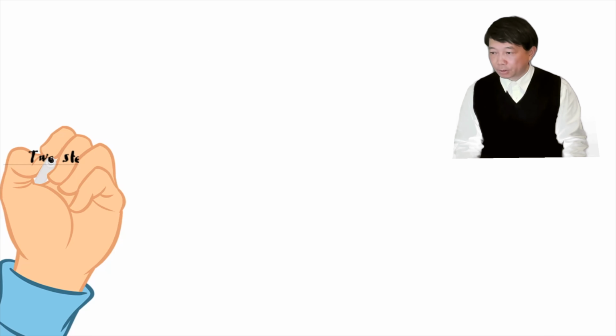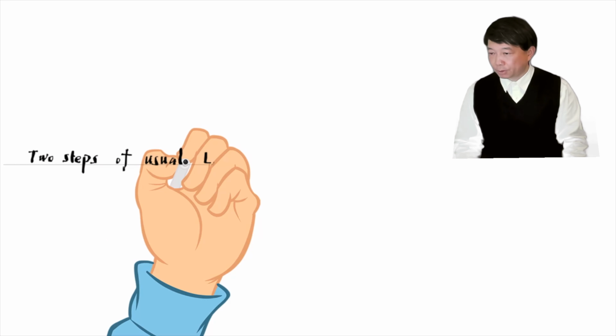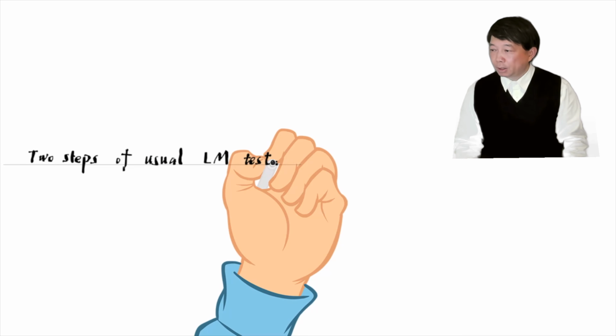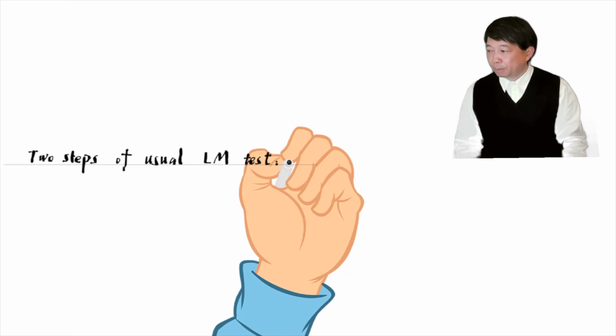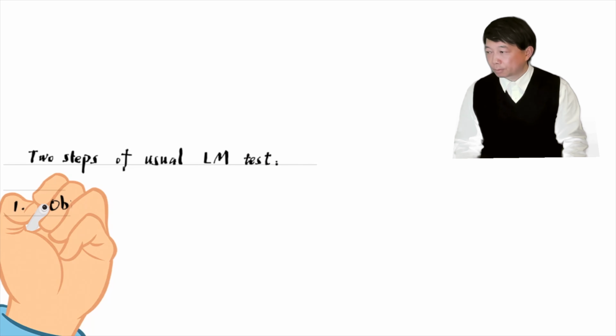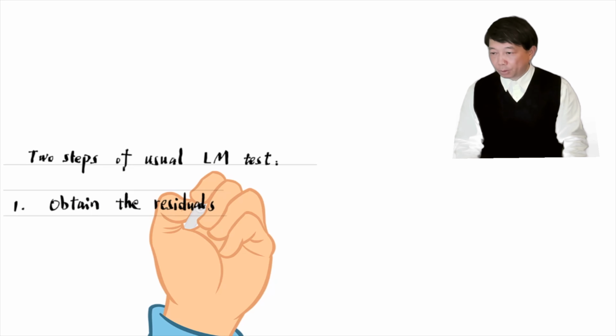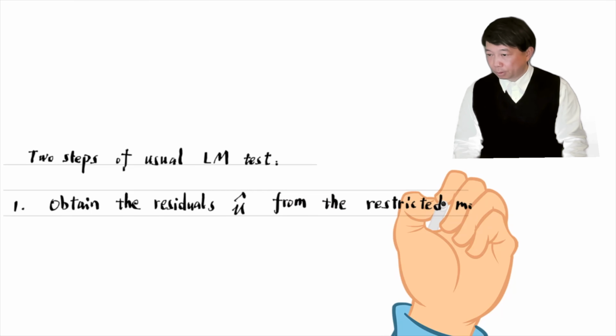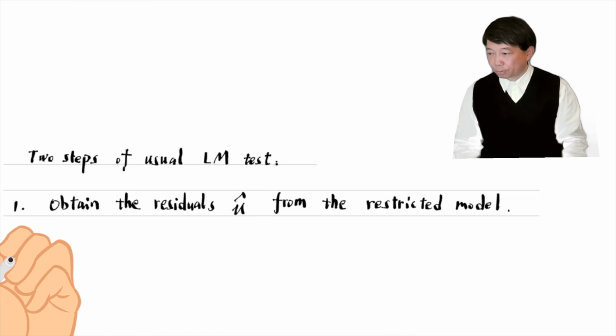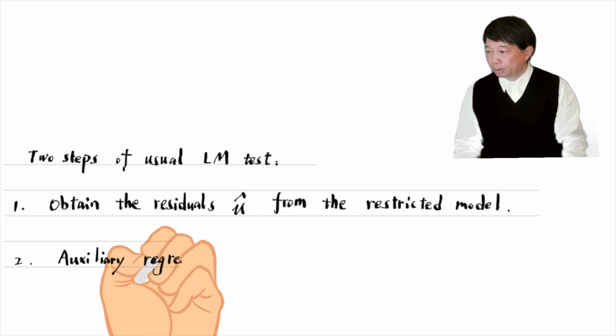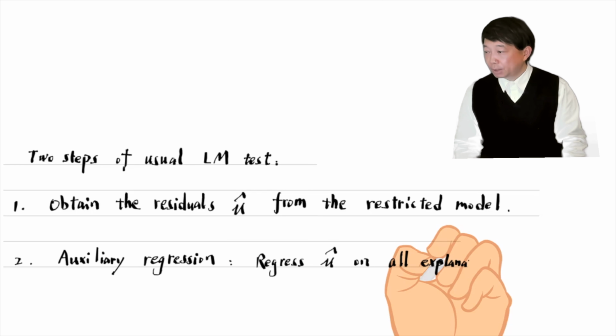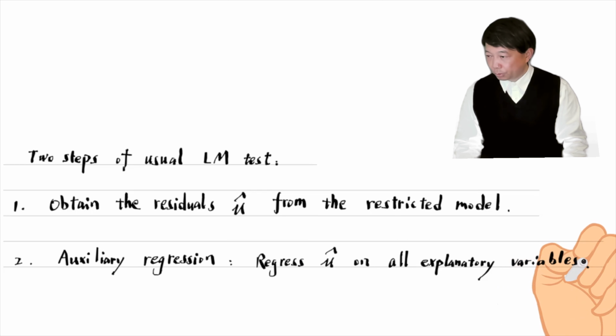We can compare the robust LM statistic with the usual LM statistic. Recall that the usual LM test can be done in 2 steps. In the first step, we regress the restricted model and obtain the residuals. In the second step, we run the auxiliary regression of the residuals on all explanatory variables, including both excluded and included variables.